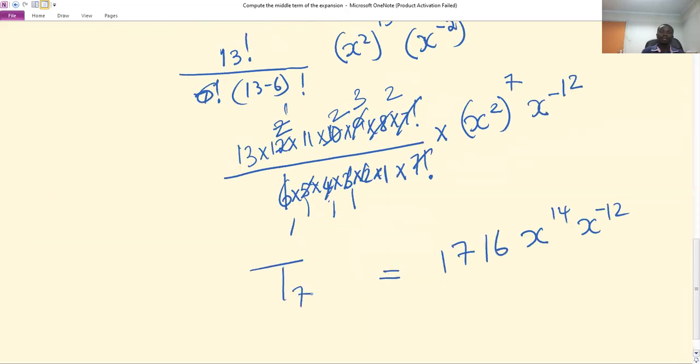So T7 will be 1716 x raised to power 14 plus minus 12, which is 2.